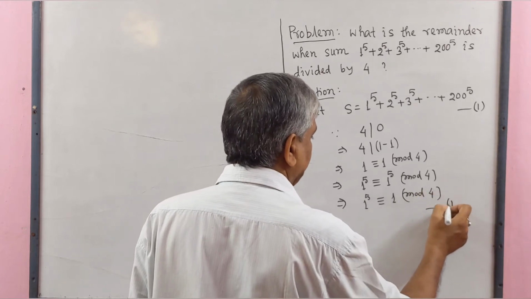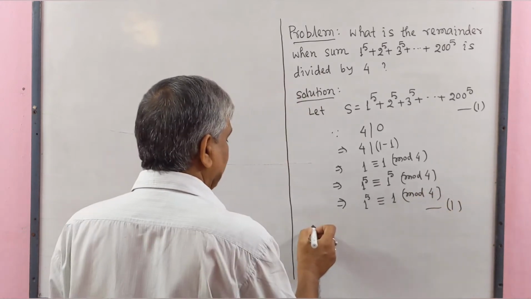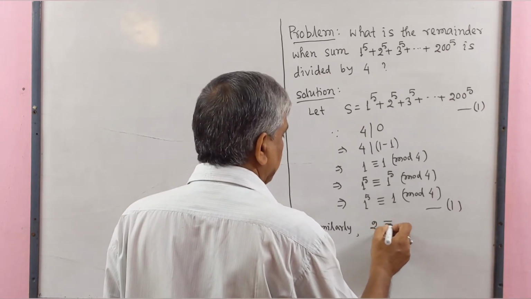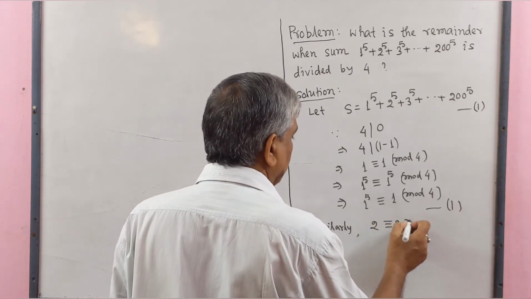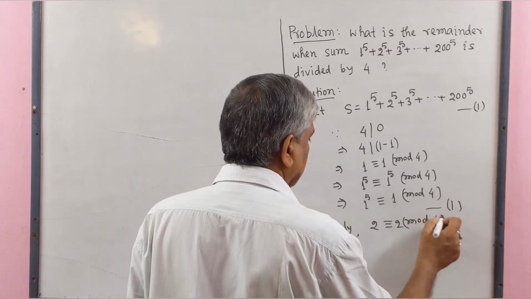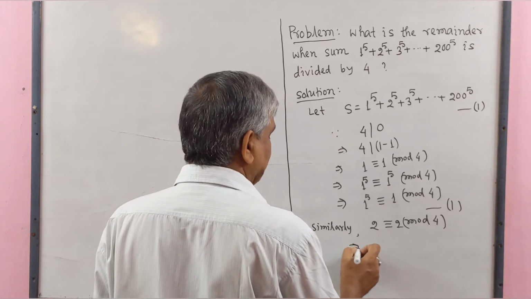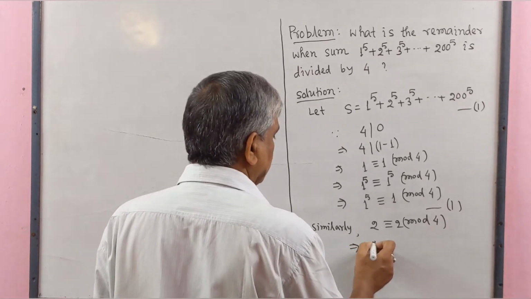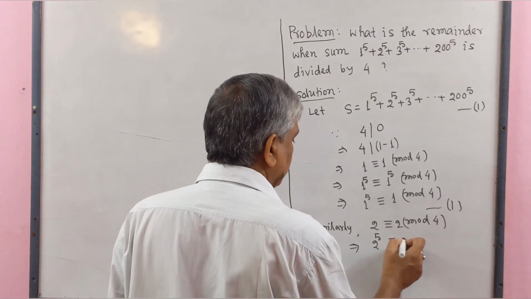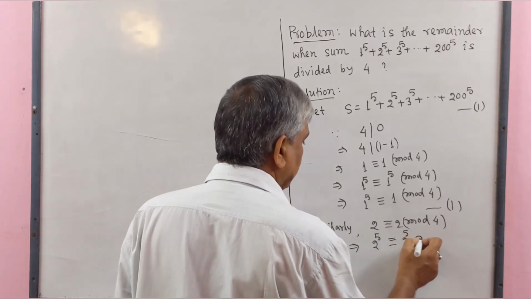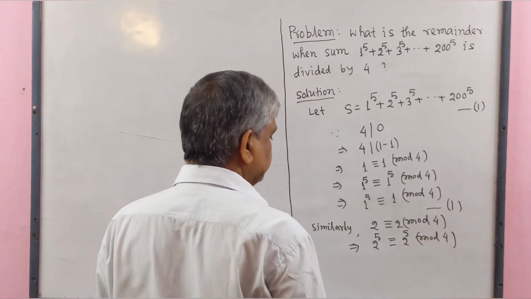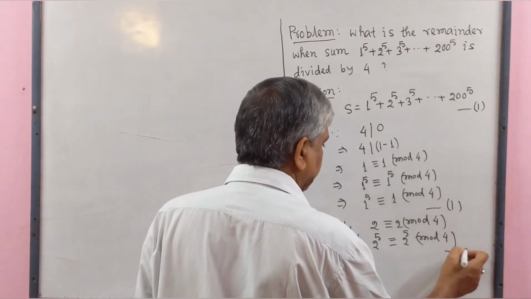Let this be number 1. Similarly, 2 is congruent to 2 modulo 4, implies that 2 to the power 5 is congruent to 2 to the power 5 modulo 4. Let this be number 2.